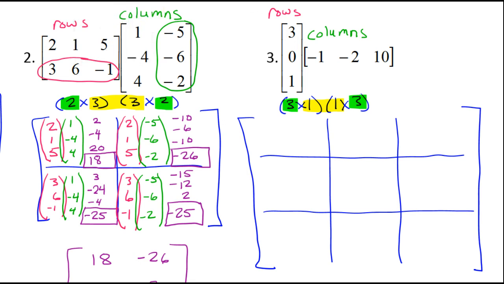Okay, now this time, to make things go faster, I'm going to write down all my rows at once, and I'm going to write down all my columns at once. So let's start with this. All of these entries are in row 1. So for that reason, when I multiply, I'm going to be multiplying them all using row 1. So all of these will have a 3. Okay, because that's row 1. Now, if I move down a row, all of these entries are in row 2.